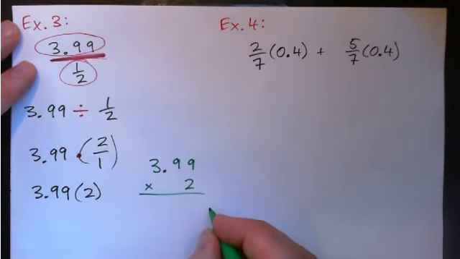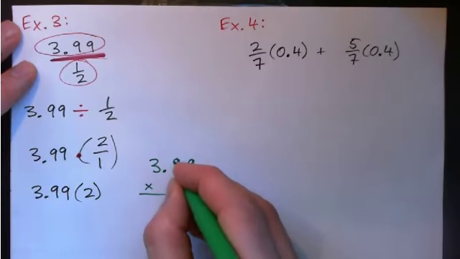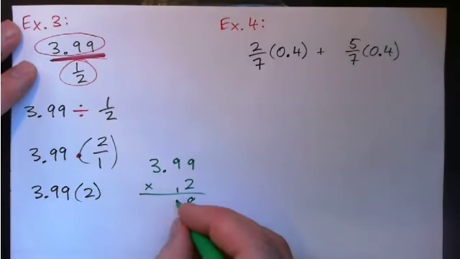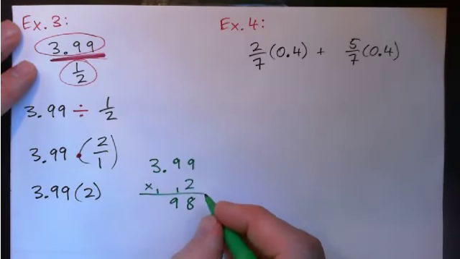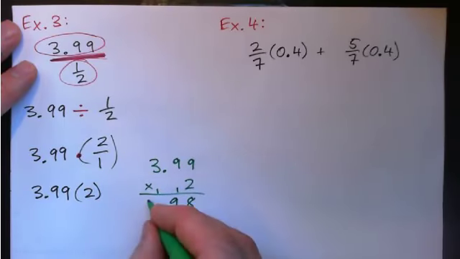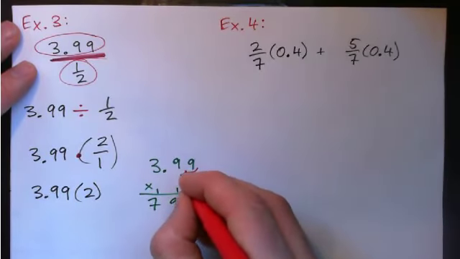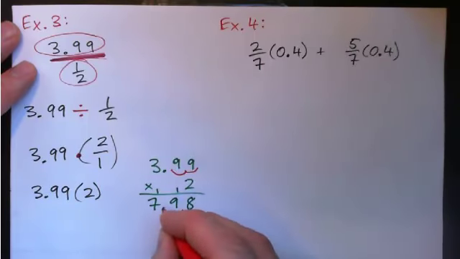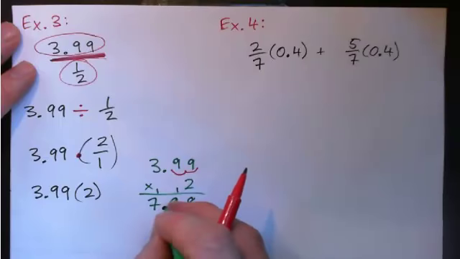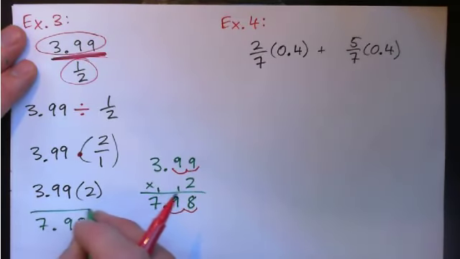Multiply. 2 times 9 is 18, carry the 1. 2 times 9 is 18, and 1 is 19, carry the 1. 2 times 3 is 6. 6 and 1 is 7. What do I do with my decimal point? I have 2 decimal places in the problem, so I'm going to have 2 in the answer. So multiplying decimals, I get 7.98. Right?